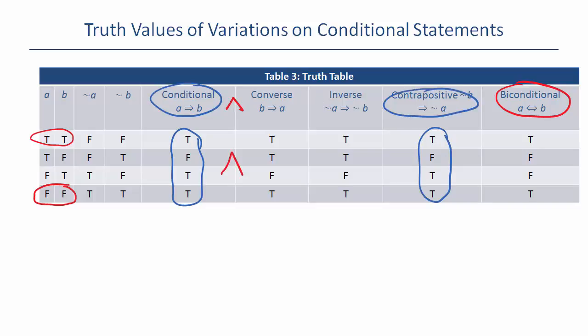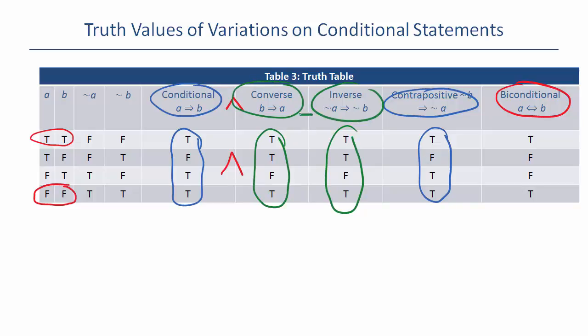And then if we look at these two, true, true, false, true, and true, true, false, true, that means these two are logically equivalent. Okay? That's what it means to be logically equivalent. You can't just have the same number of trues and falses. They have to be in the exact same order.